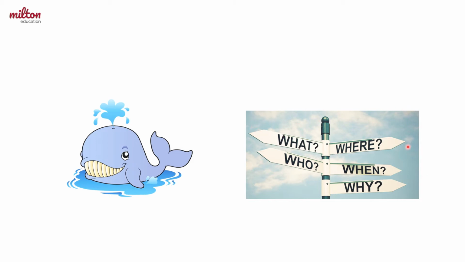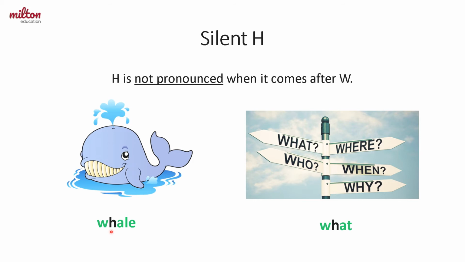Who? Where? When? Why? Can you see what the silent letter might be? Did you get it right? Yes, it's the H. The H is silent in all of these words. What happens with the silent H? Well, the H is not pronounced or is silent when it comes after the W.